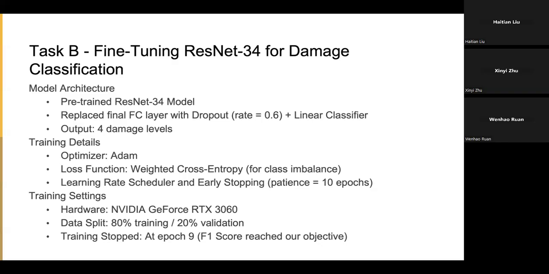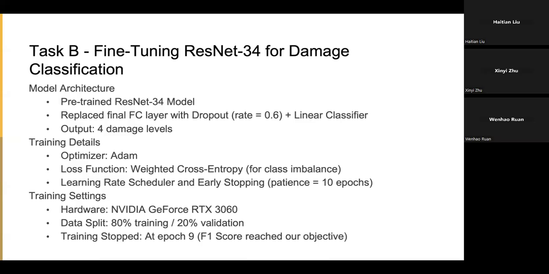For the training, we use an Adam optimizer along with a weighted cross entropy loss function to address the issue of class imbalance. We also integrated a learning rate scheduler and an early stopping mechanism with a patience of 10 epochs to improve training stability and prevent overfitting.